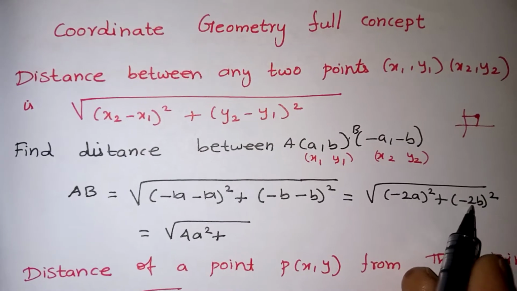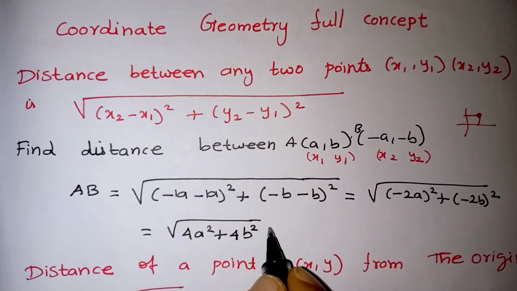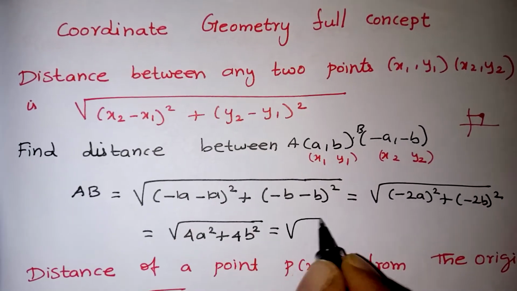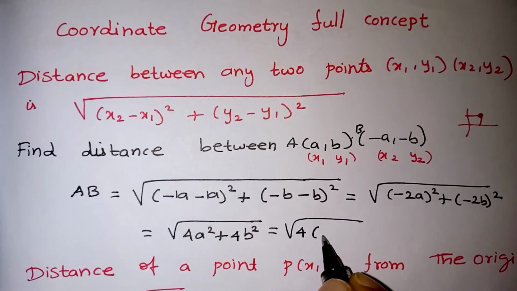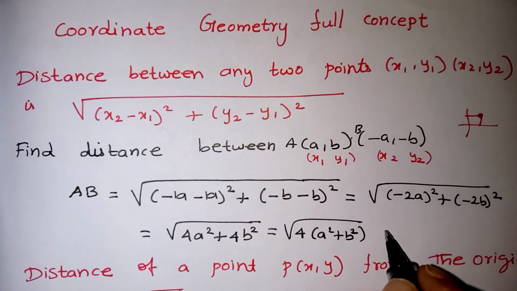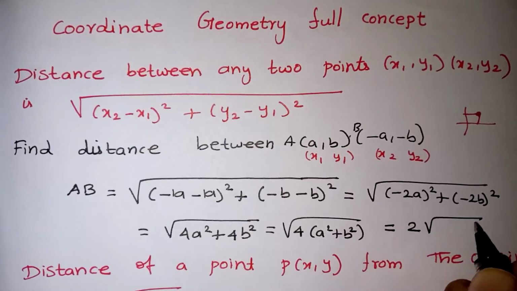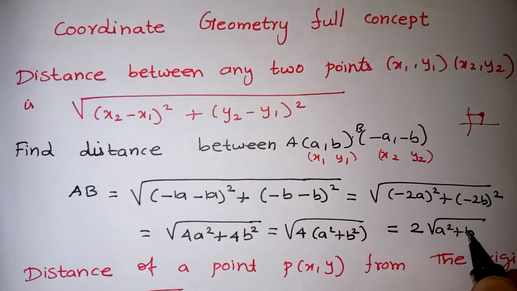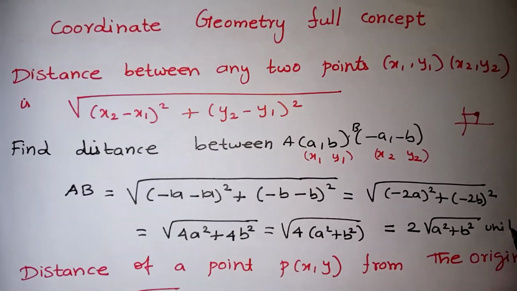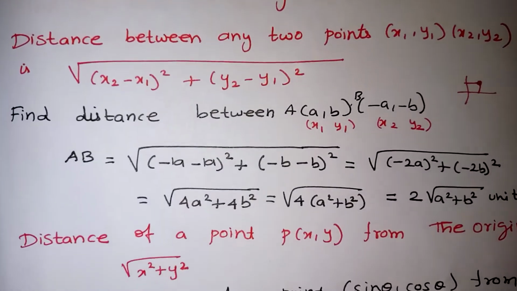Both have 4 as a common term, so take 4 common: A squared plus B squared. Now 4 can be taken out of the root as 2, because 2 times 2 is 4. The remaining is root of A squared plus B squared units. Like this we have to find the distance between any 2 points. This is the first one.